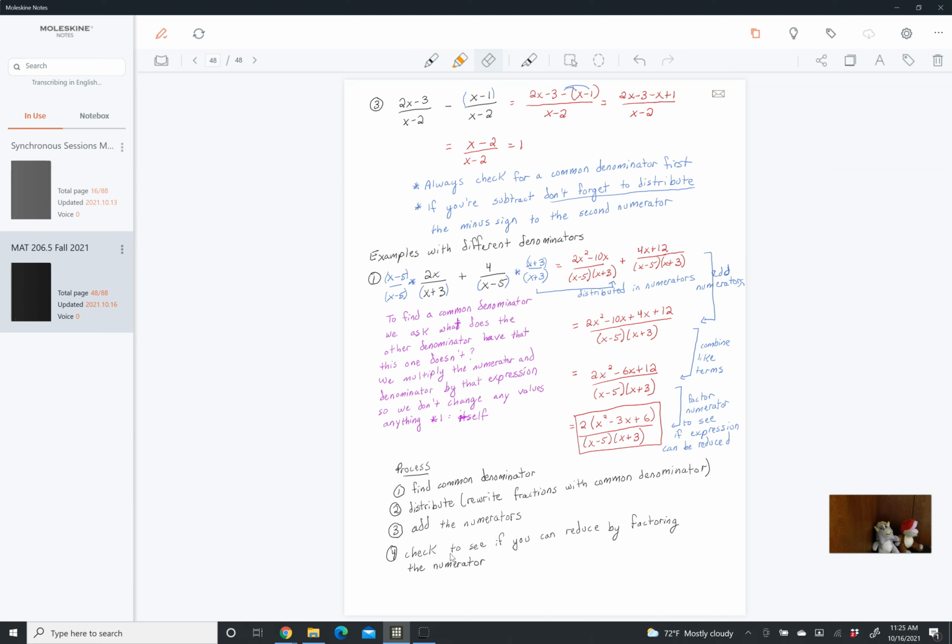Okay, so let's do a few more examples. And one thing that I will mention, which we'll get to by example 5, is that sometimes you may be reducing the fractions before you even begin, okay? And you're going to know when that happens because you're going to see something that's factorable from the very beginning. Okay, so like 2x minus 3 is not factorable, but we'll get into that in a few minutes.